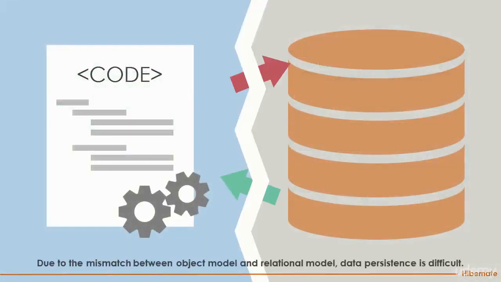You can see the mismatch. The Java code, being object-oriented, is interconnected and focused on the objects. And the relational model is more about the data and the relationships. So you can see the mismatch. And this mismatch makes the persistence of Java objects very challenging.